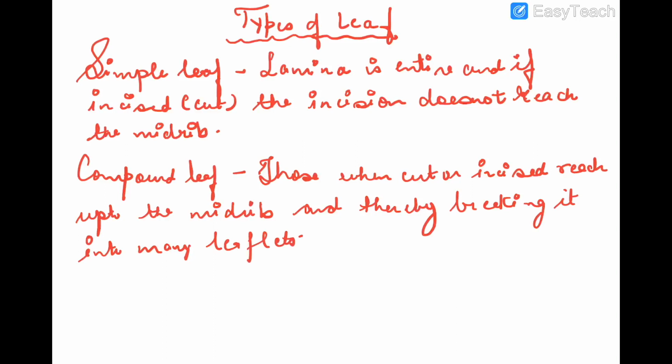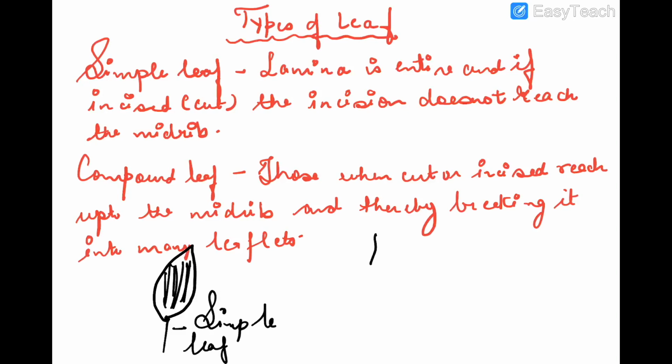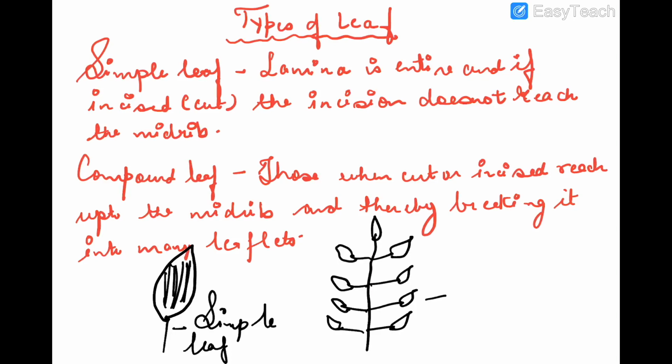For example, this leaf is a simple leaf in which lamina is entire. This is a simple leaf. While this leaf, in which there are a number of leaflets, is known as a compound leaf.